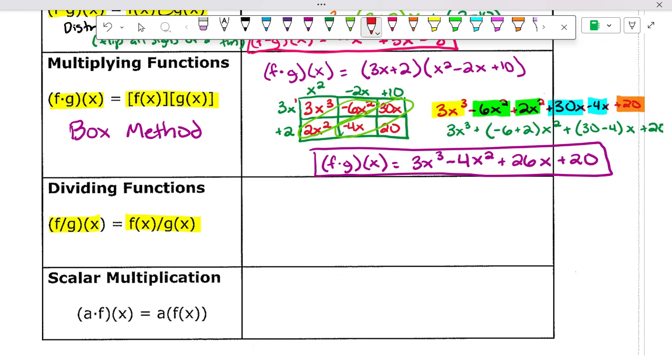So if I do f over g of x, that's equal to f of x, which is 3x plus 2, over g of x, which is x squared, no, it's minus 2x plus 10.